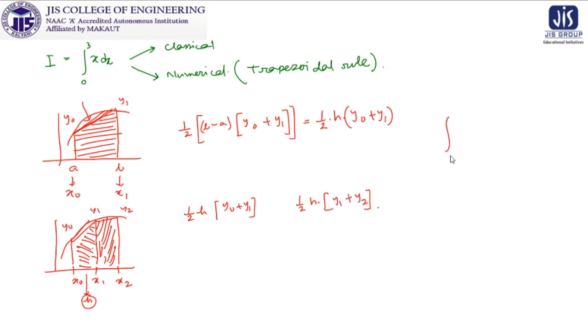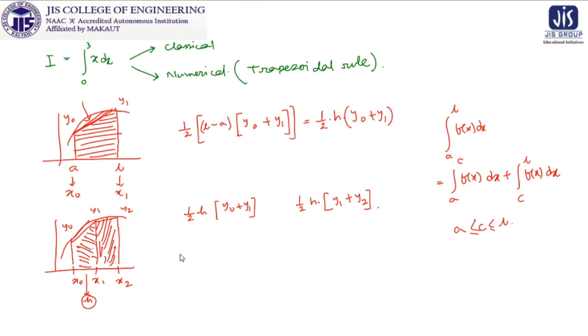From the concept of definite integration, the integral from a to b of f(x) dx can be written as the integral from a to c of f(x) dx plus the integral from c to b of f(x) dx, where c is a point between a and b.